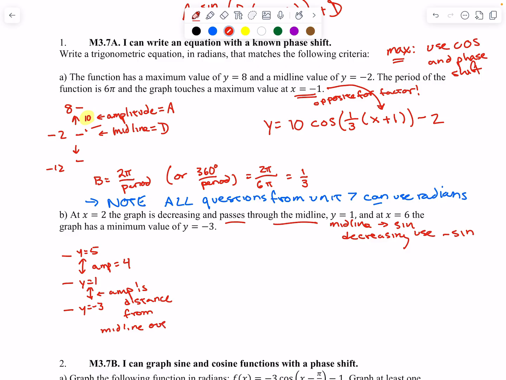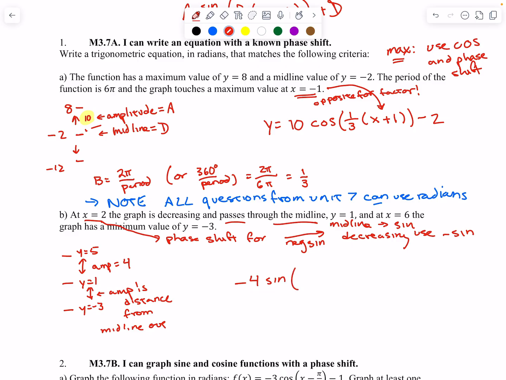Okay, so at x equals 2, that's my phase shift. So the amplitude is 4, but we're going to use a negative.